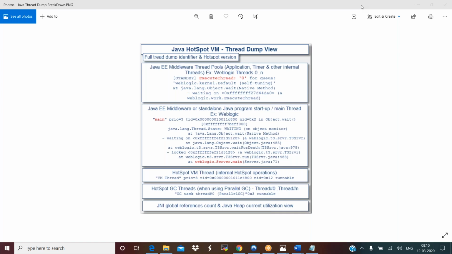So you have to take multiple snapshots over a smaller duration. This is a best practice. Taking multiple thread snapshots over a smaller duration will help you understand what each thread is repeatedly doing.